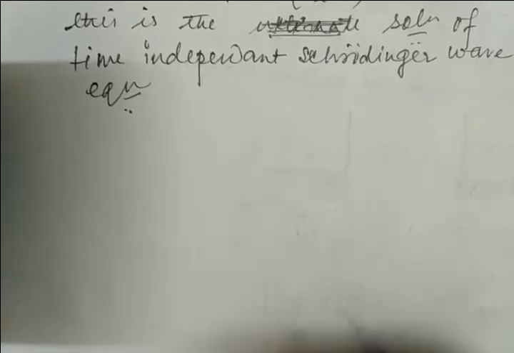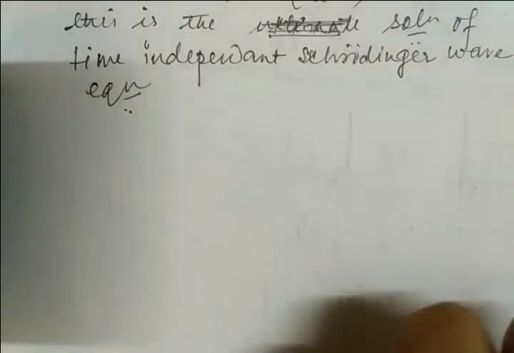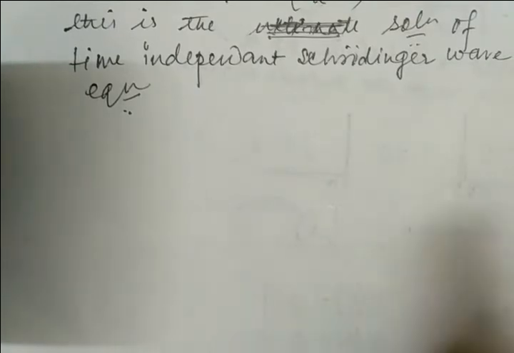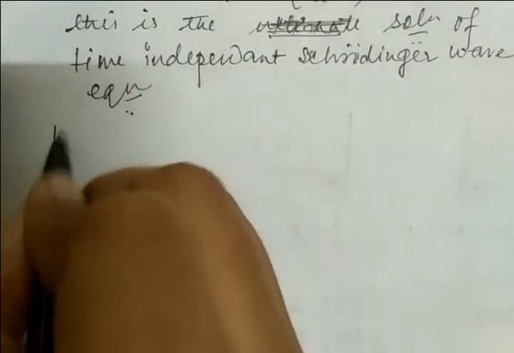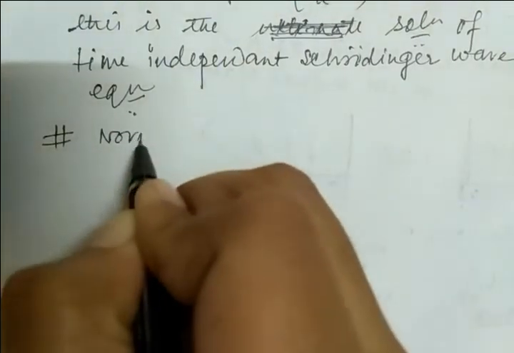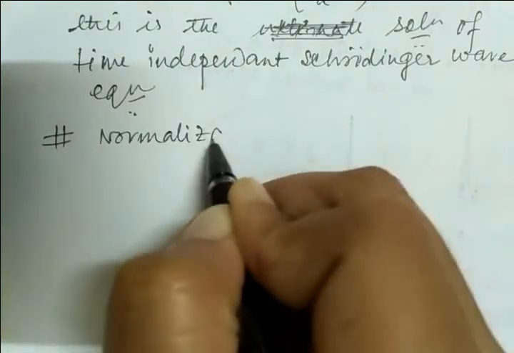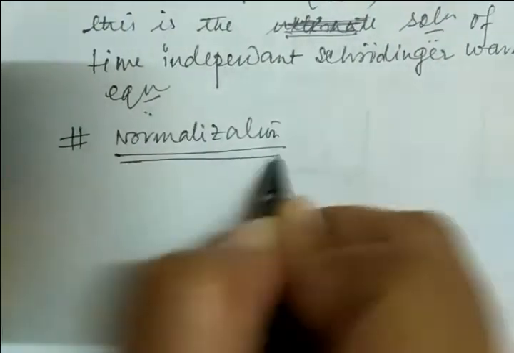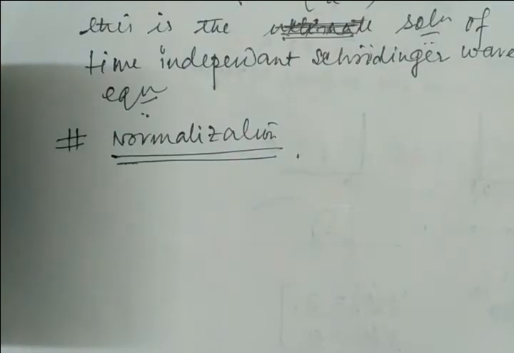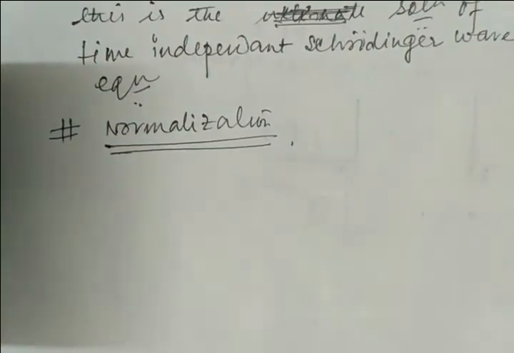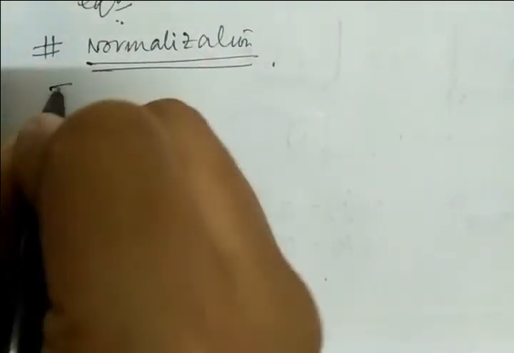So you must know the probability distribution, what a Gaussian function is. So from that concept you should know the concept of normalization. This is a very important term. And what is normalization? I am just writing the complete definition because this will help you understand very well.